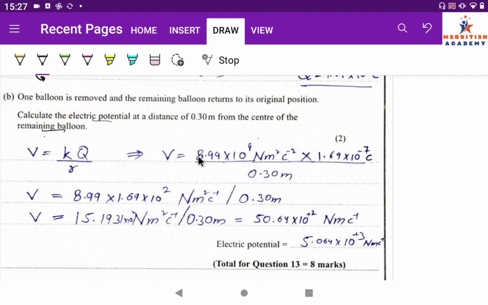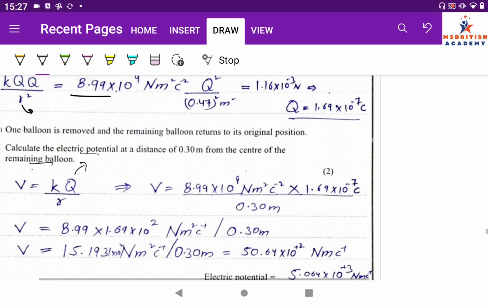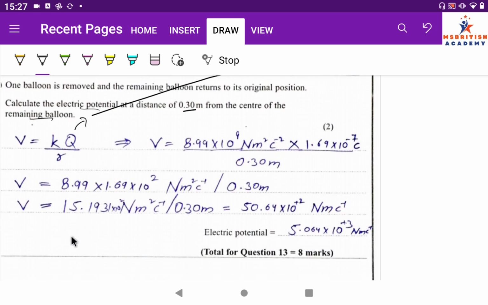So V is equal to, we will substitute the k value and q, as we have solved here the value of q, and the distance of 0.3 meters. After calculation we got the potential.